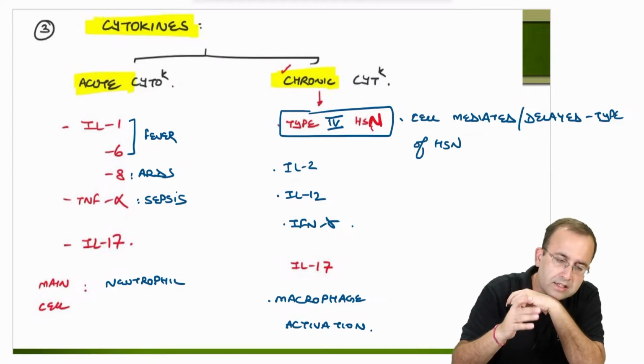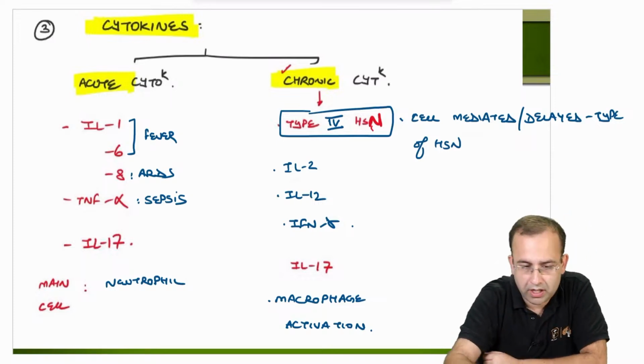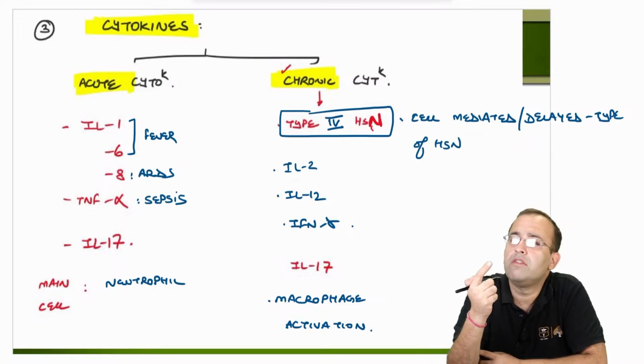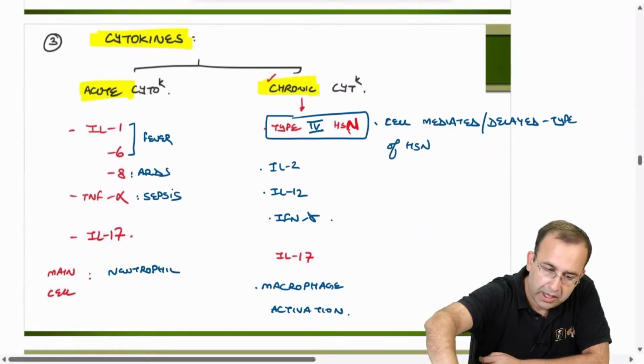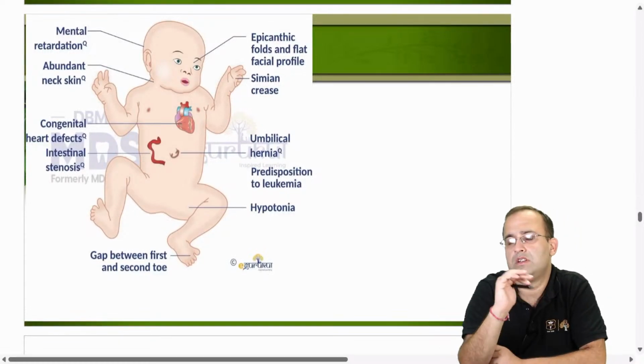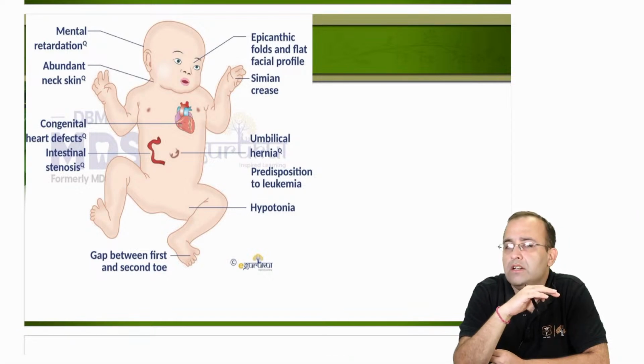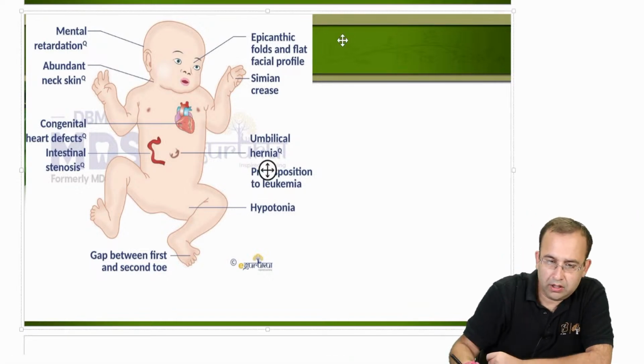And this gets us to our last main topic that I want to discuss for our INI segment. Let us have a look at the genetics, the images part. Starting with the first image, what do we see here? You're sitting in the OPD.